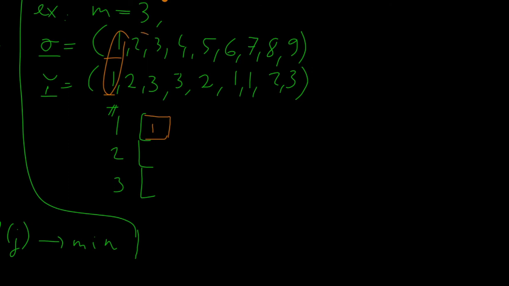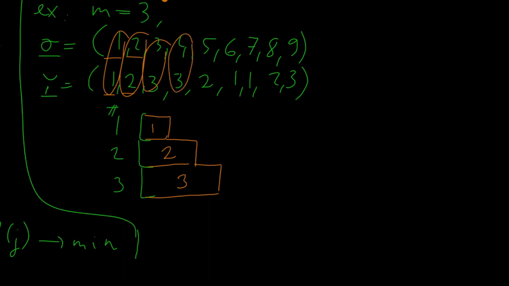Here this says that a job with cost 2 will be assigned to the second machine. So I will just put here a rectangle with width 2. Here I will draw a rectangle of width 3 onto the third, and this says that a job of cost 4 is to be put also on the third machine.